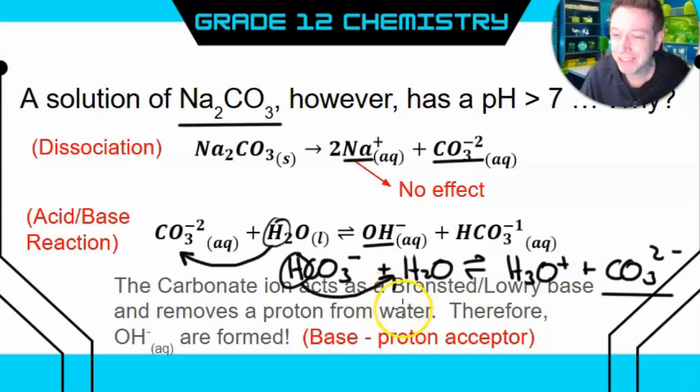Since the weak acid doesn't fully ionize, its conjugate base is relatively strong, so it has a very good tendency to accept a proton like it does here in this reaction, compared to, of course, a conjugate base of a strong acid in our previous example with chlorine. So this is going to form hydroxide ions in our solution, making it basic.